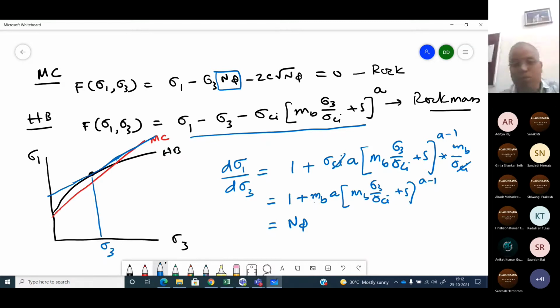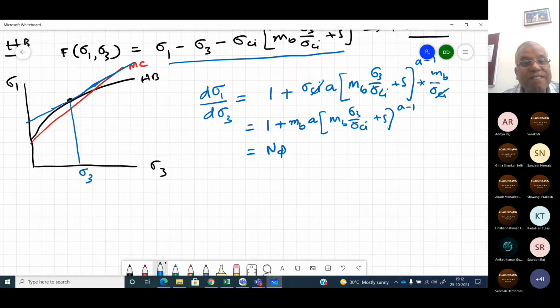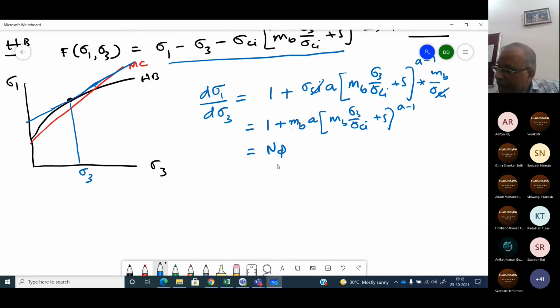So now one can say that, if I follow the same definition, 1 plus sine phi m by 1 minus sine phi m.